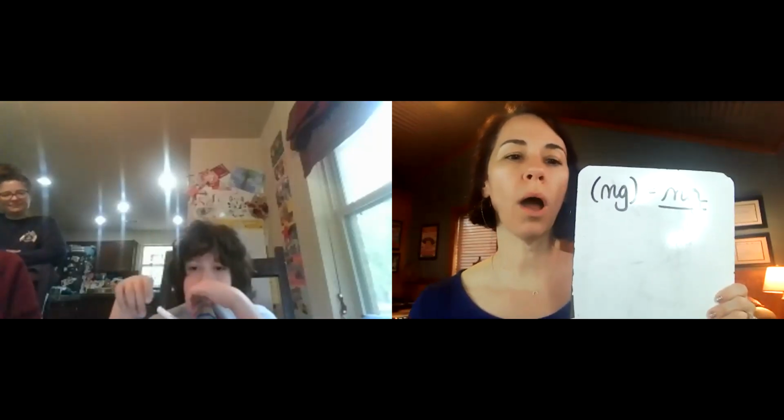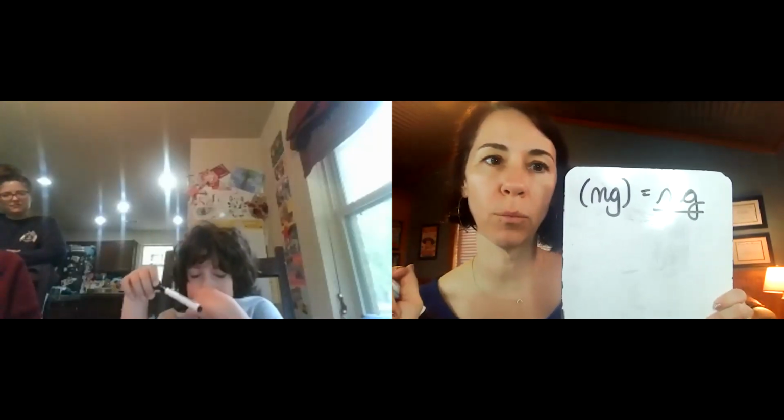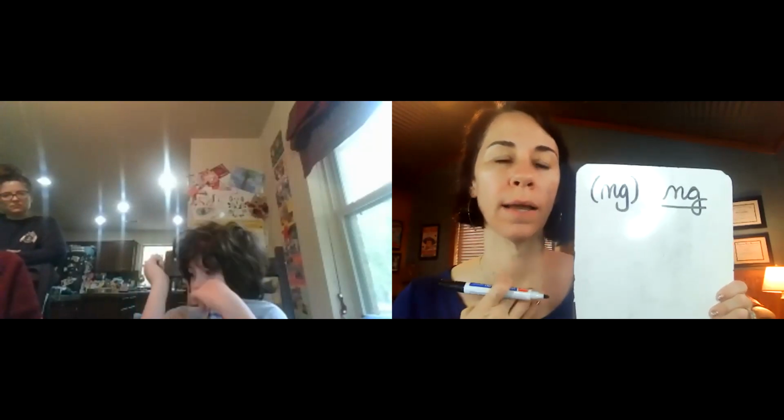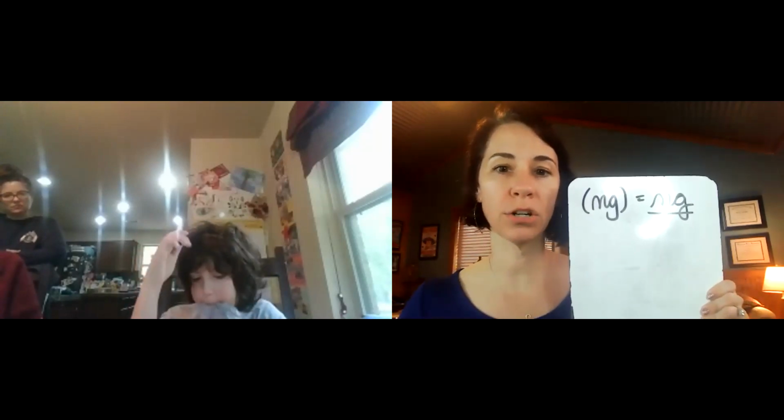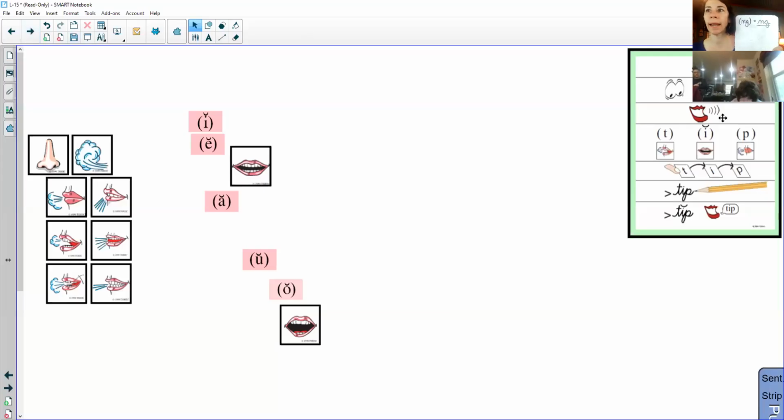Okay, so let's go through our procedures. On our procedures, we're going to look and listen, echo, unblend and pull down sound pictures, touch and spell, name and write, code and read. So the first word I want you to spell is the word, let's see, zing. Echo.